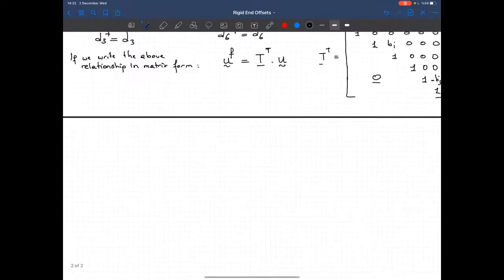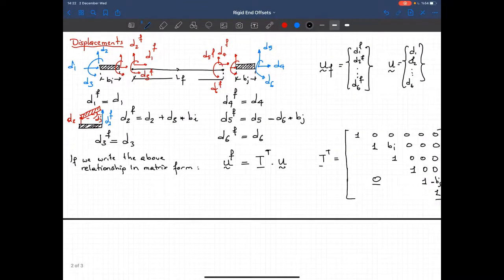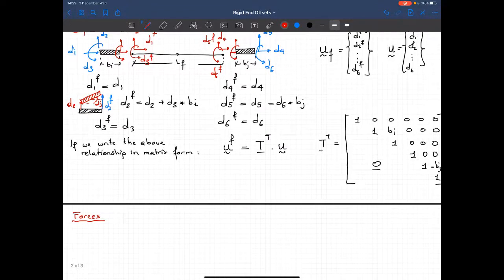Now let's do the same thing for the forces. Now I'll draw the same figure, but this time I will show the end forces.